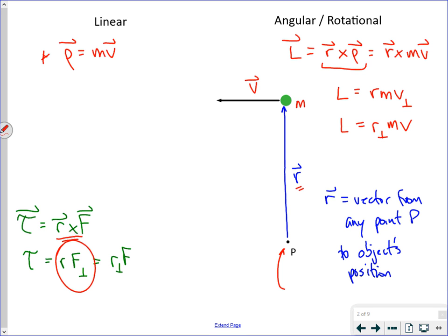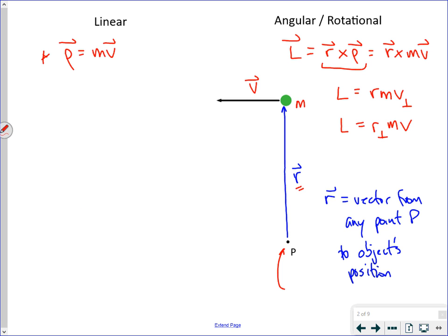And if you notice also, if we go back to here and say that angular momentum is I omega, for this point mass the moment of inertia, rotational inertia, is m r squared. In this case, r means the radius of its circular path.